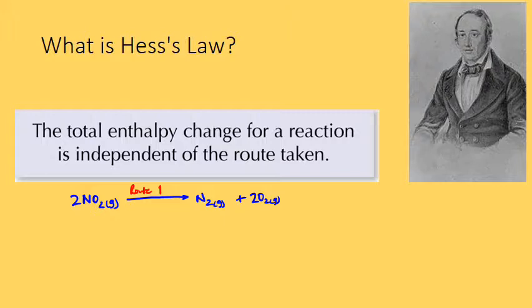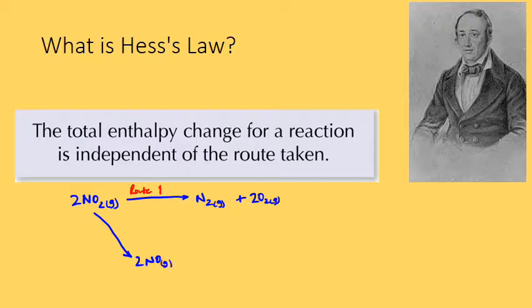And so instead of going along route 1 to directly decompose the nitrogen dioxide into nitrogen and oxygen, because that's difficult, we might choose a different route. So we might first partially decompose the nitrogen dioxide into 2 moles of nitrogen monoxide.